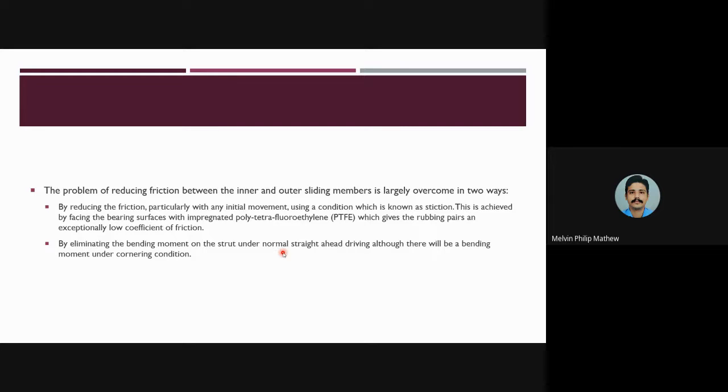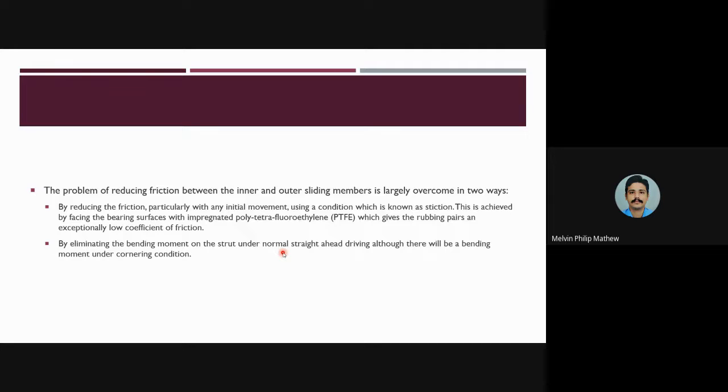Another problem is that, due to the body being mounted on the suspension arms, only smaller vehicles or lighter loads can be mounted onto the Macpherson strut type suspension. So that is one of the disadvantages. In heavier vehicles we can't use it, because the complete weight of the body is being mounted on the suspension coil spring itself.